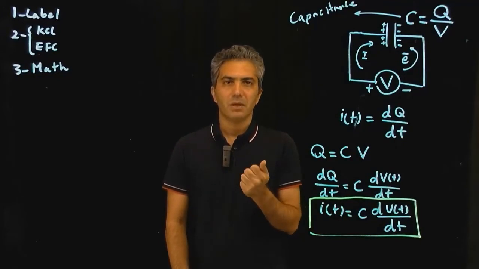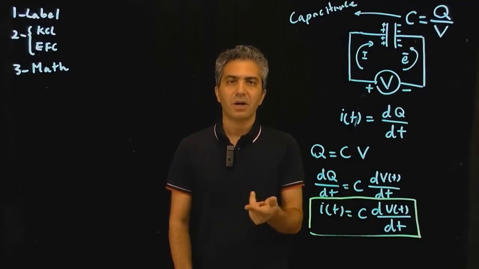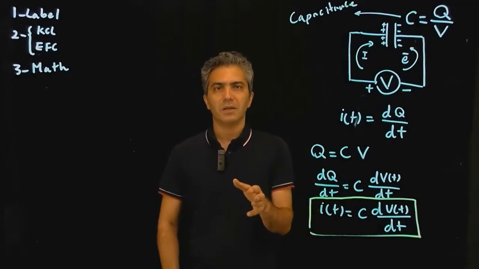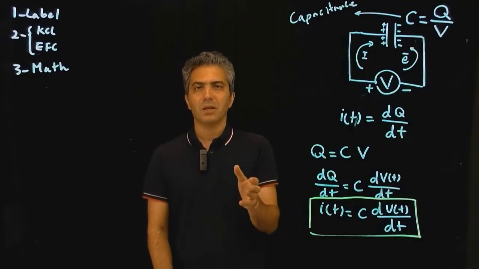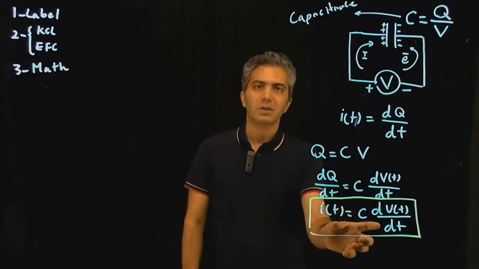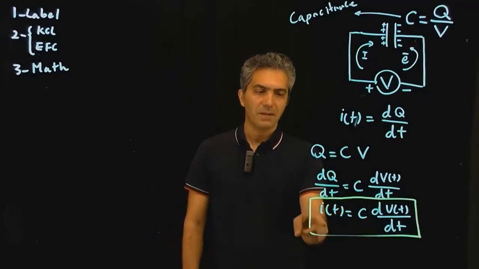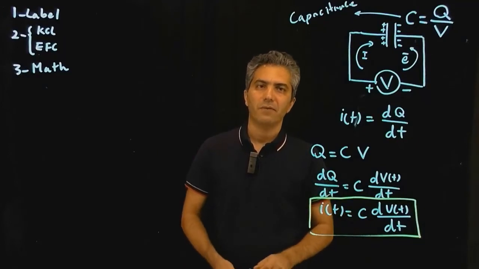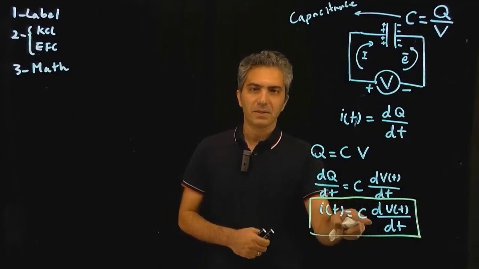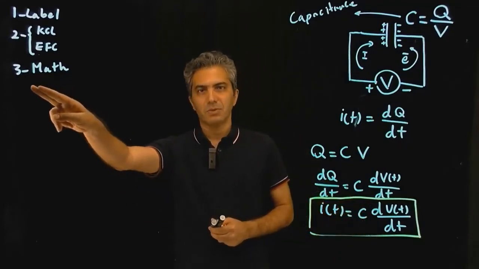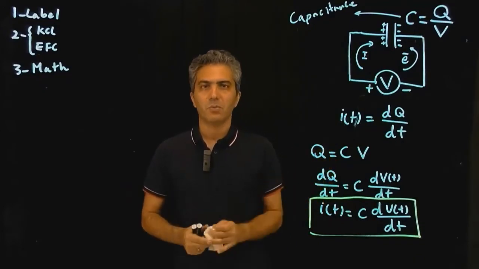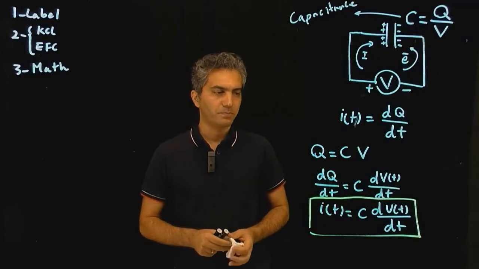In other words, the voltages and currents in our circuits really didn't change over time, so we never considered time as one of the variables. But with this equation for a capacitor, you realize that the current and voltage of a capacitor are a function of time. Because of that, the kind of math we're going to end up doing once you include a capacitor in your circuit would be different than what we have been doing so far.